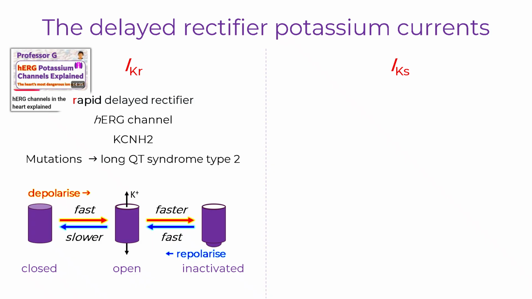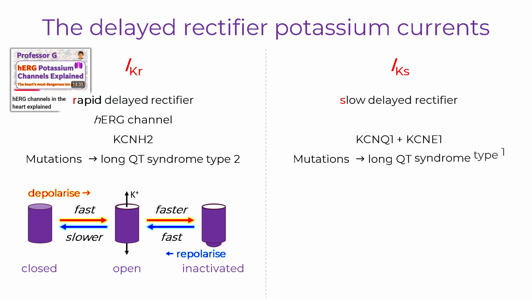The second current, IKs, is the slow delayed rectifier potassium current. IKs is conducted by a channel complex formed by KCNQ1 and its regulatory subunit KCNE1. Mutations in the genes encoding these proteins cause long QT syndrome type 1, which often presents during exercise or emotional stress.